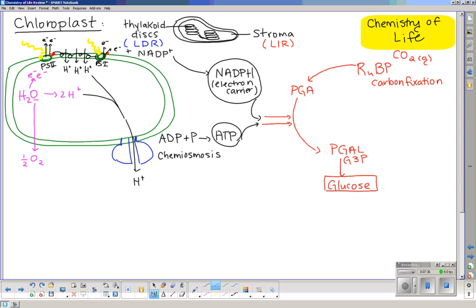But not every molecule of PGAL turns into glucose, because some need to be reused to reform RuBP. This is a cycle called the Calvin cycle, and it continues in the stroma. These are the overall reactions that occur in the chloroplast for photosynthesis in the chemistry of life unit.